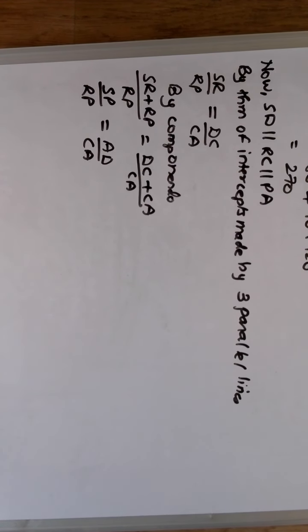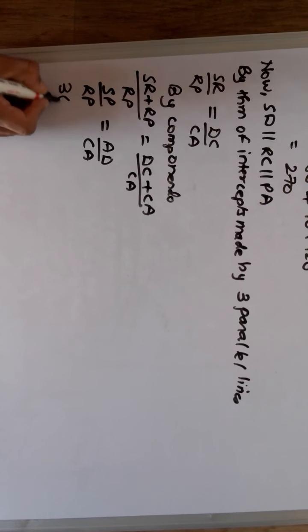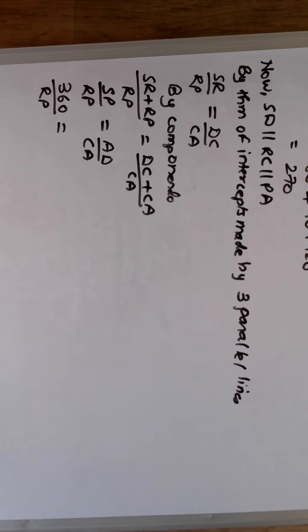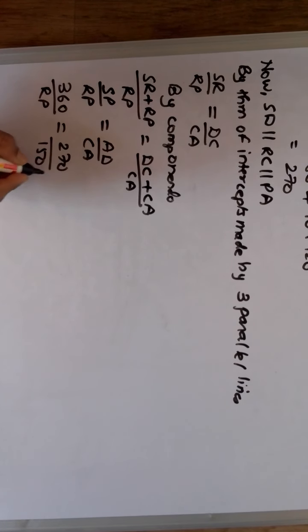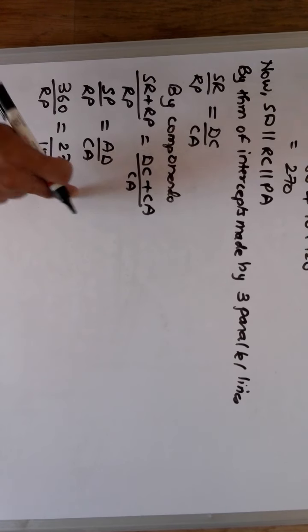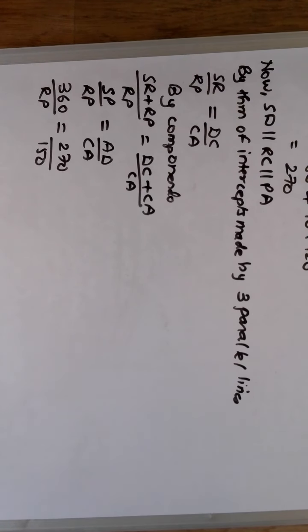Right? Now SP is already given to you as 360. RP don't know. AD can be found out. AD that we have found out already. I think so, it is 270. And AC means 60 plus 90, that is 150. Right? So what is RP? So RP goes here, 150 comes here, 270 comes down.